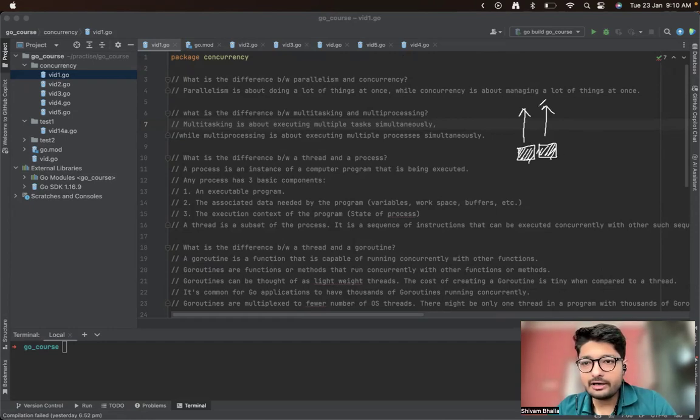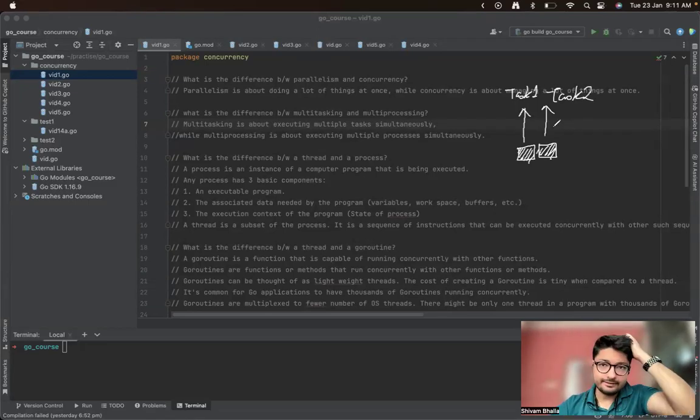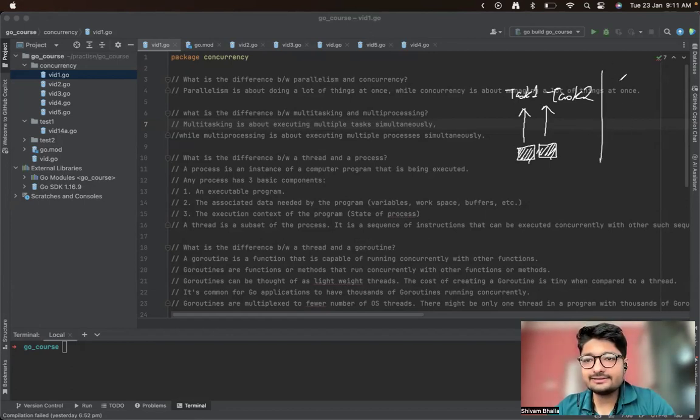You have two tasks, task one and task two, and you can perform these two tasks parallelly. But in the other case, if you again have two tasks, task one and task two, but you only have one core, now what will you do?